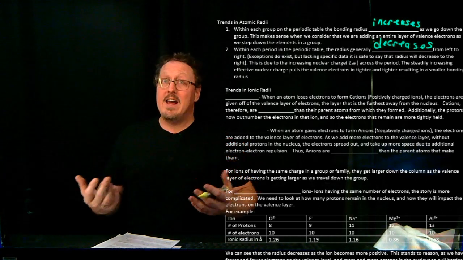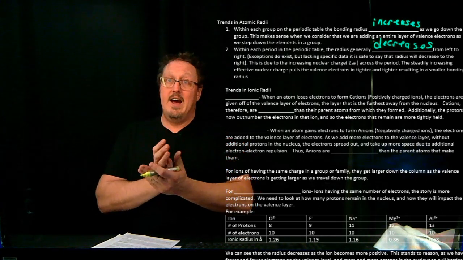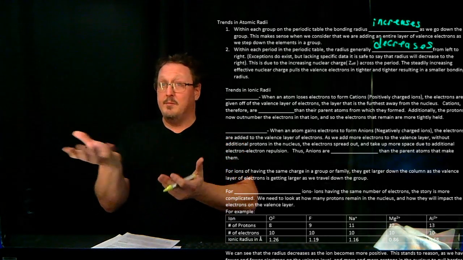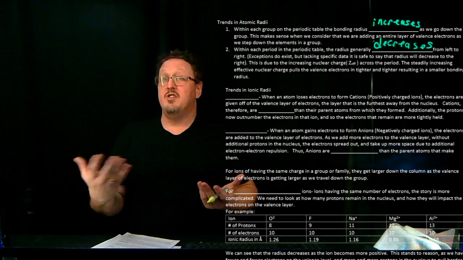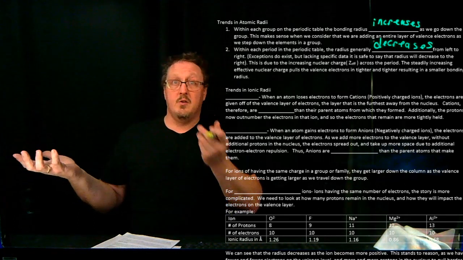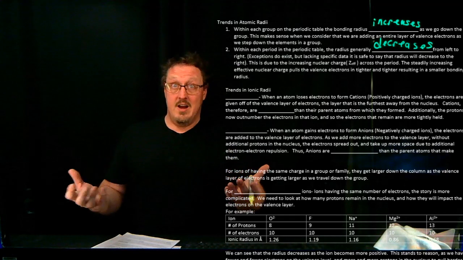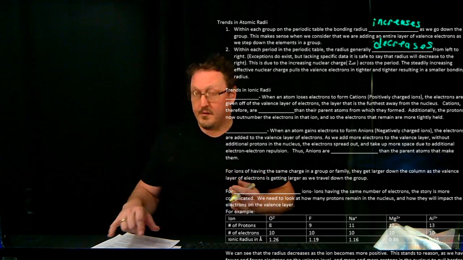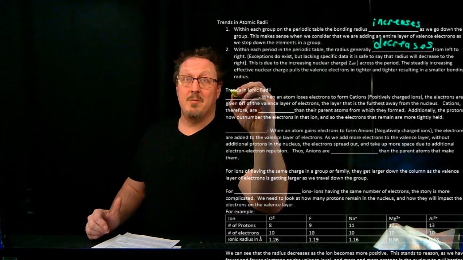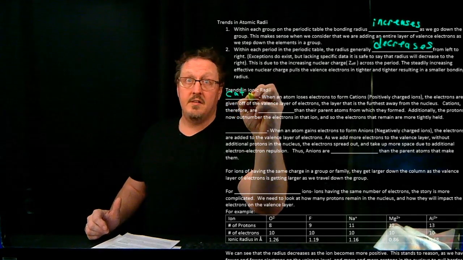Now, so that's kind of cool. What do ions do? When atoms react to become ions, they change their number of electrons, so we want to talk about the trends within our ions as well. Cations are positively charged ions.